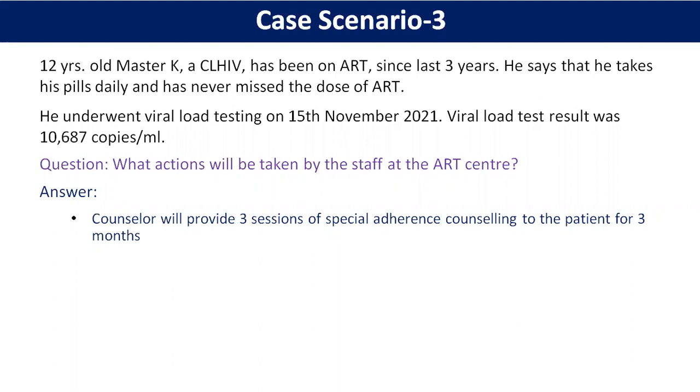The guideline says at least 3 sessions, but you might need 4, depending upon the caregivers' acceptability and understanding, their IQ level, their mental status, everything to be considered before counseling, and then only it will be successful.